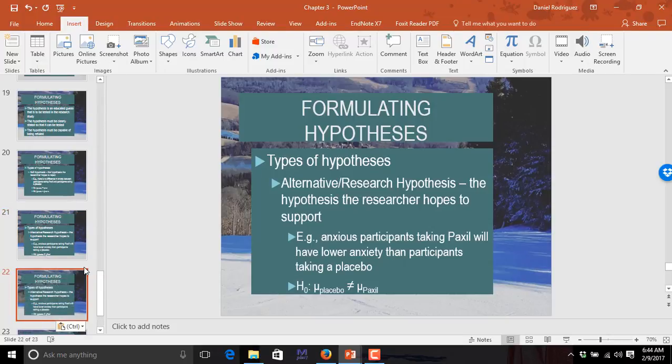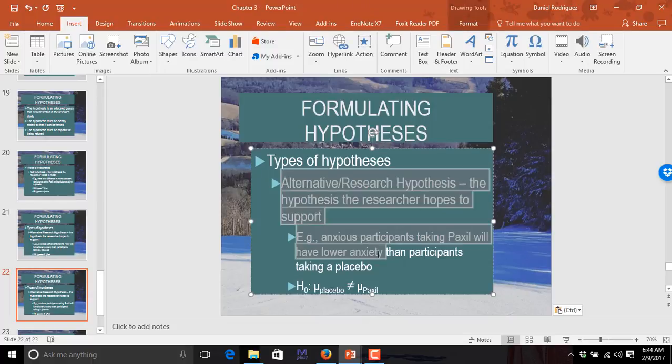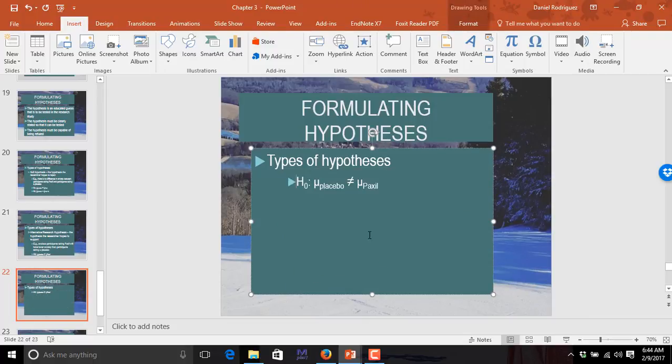It's the identical slide, except here we're going to change this. Okay, so this is one alternative. Let's call this types of hypotheses. Alternative 1.